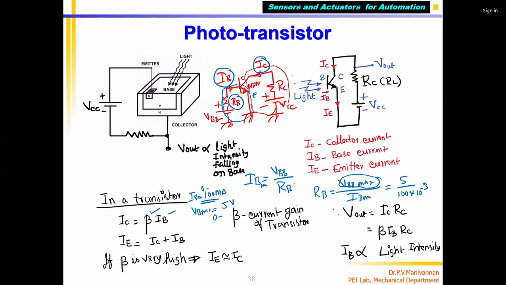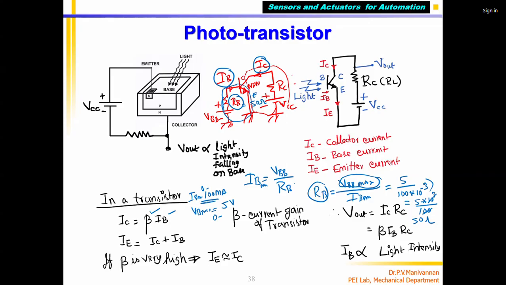That is 5 into 10 power 3 divided by 100, which gives 50. So RB equals 50 ohms.